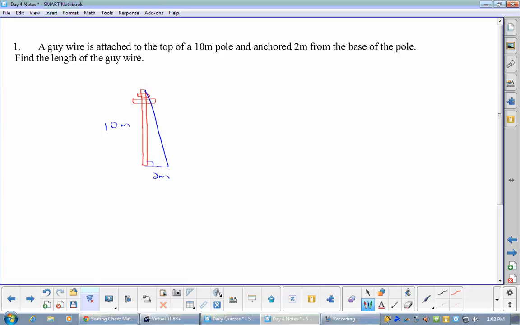You can see why this would be a Pythagoras question because it's a right angle triangle. Okay, which letter are we looking for? C. Okay, 10 would be what? A. And that would be B.